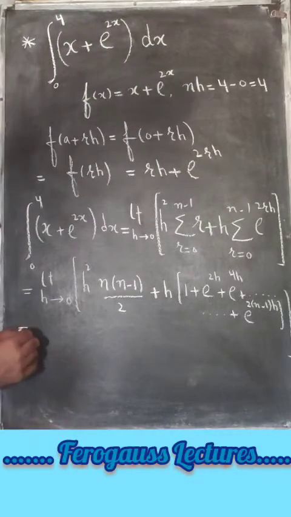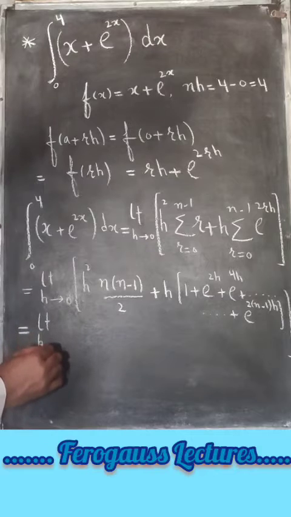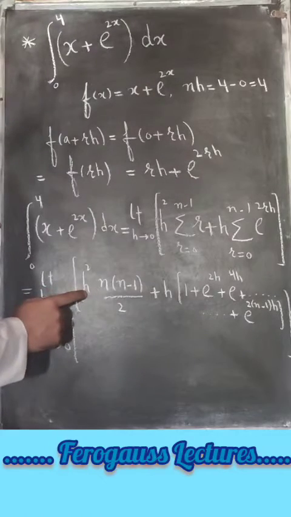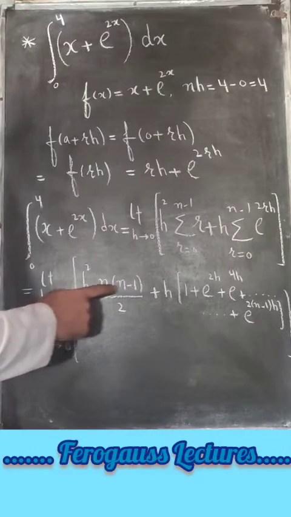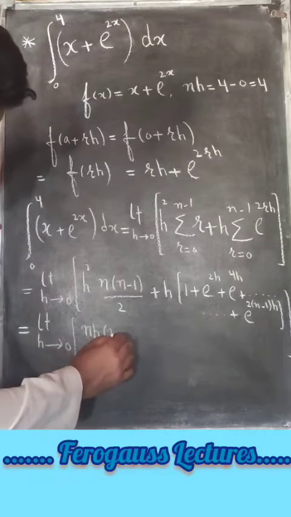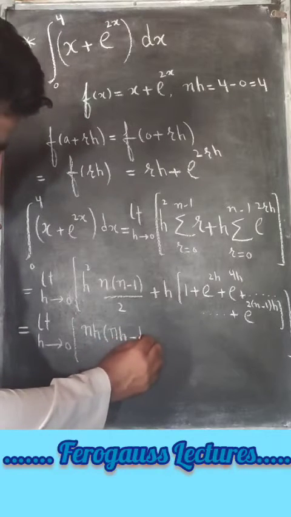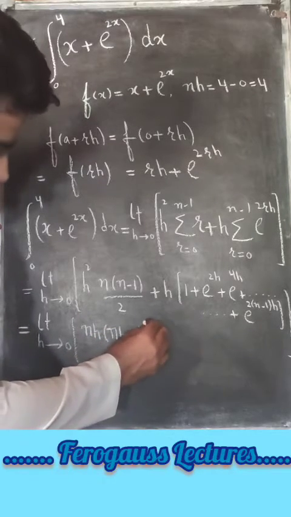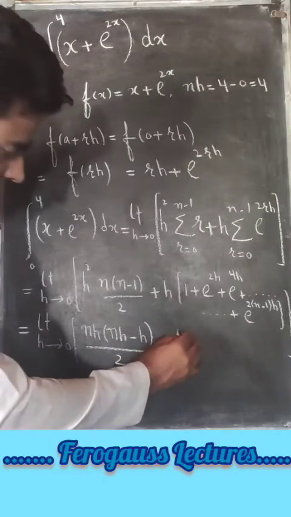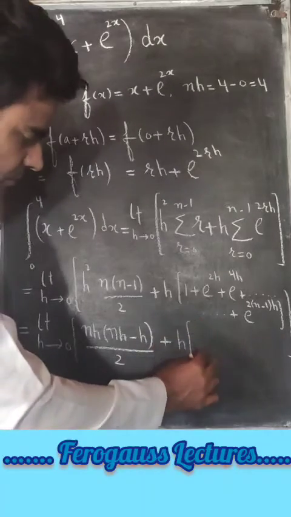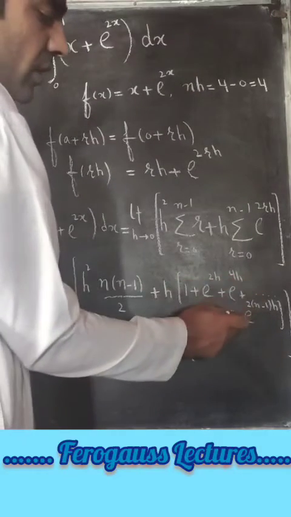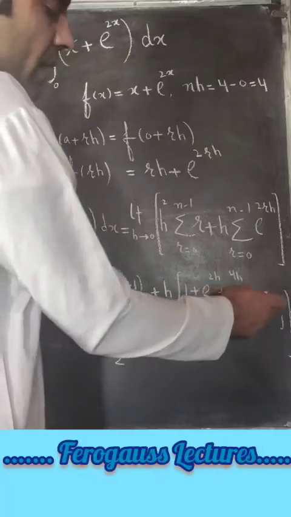Now this is further equal to limit h tends to 0. Here we have h square, so we multiply one factor of h to n and one factor to n minus 1. So we can write nh into nh minus h, divided by 2, plus h into 1 plus e raised power 2h plus e raised power 4h plus so on plus e raised power 2 into n minus 1 times h.